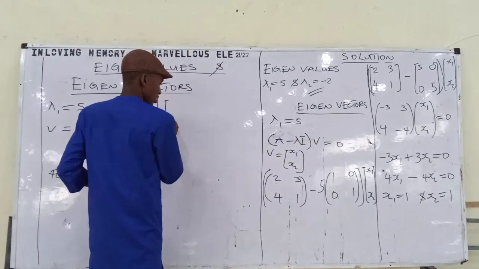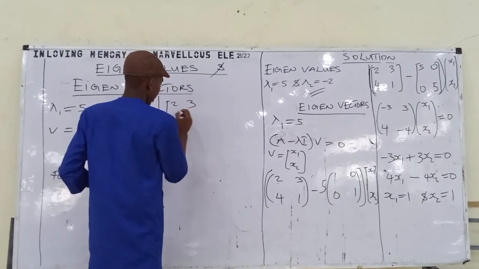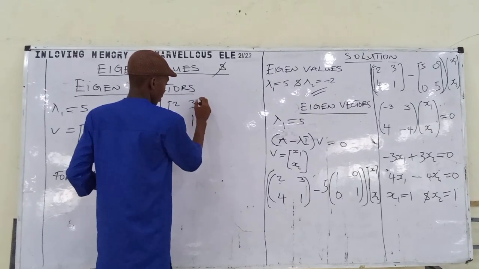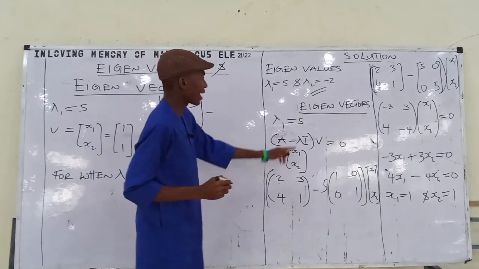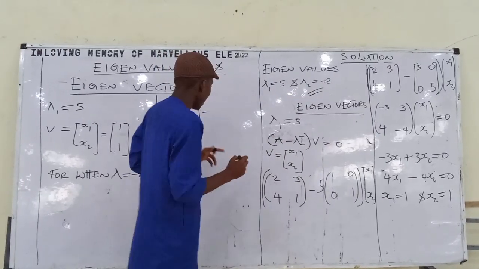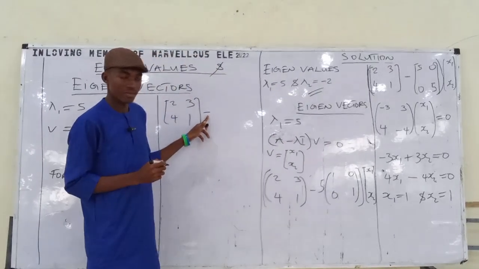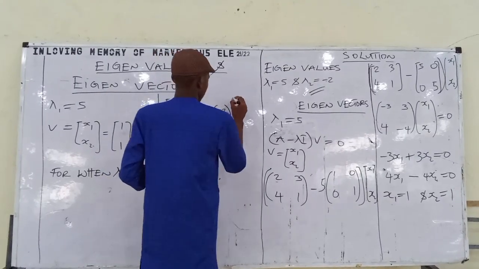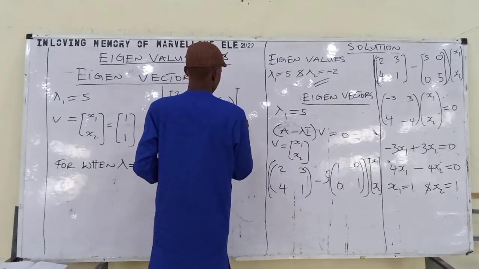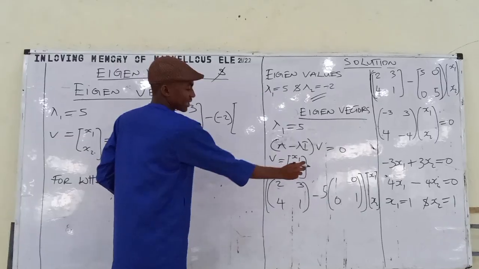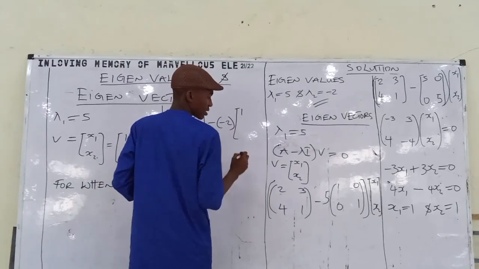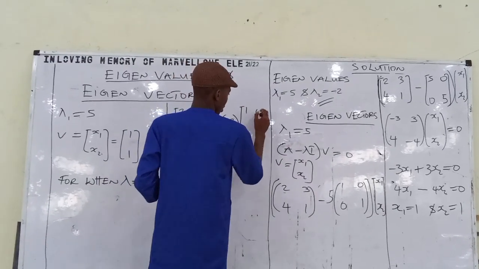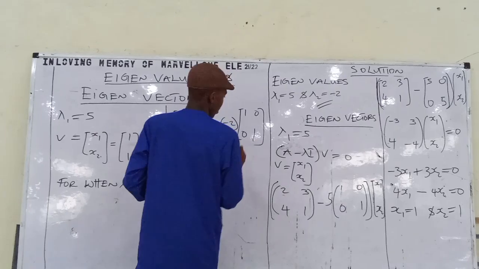And our A is [2, 3; 4, 1] minus. Our lambda now is -2, and there's already a minus here, so minus bracket -2 times the identity matrix, which is [1, 0; 0, 1].